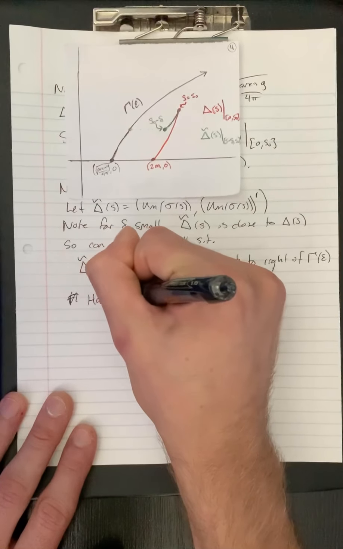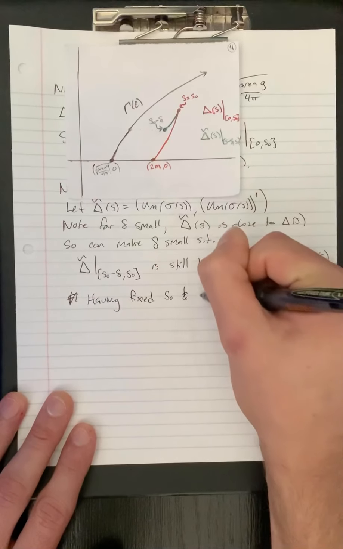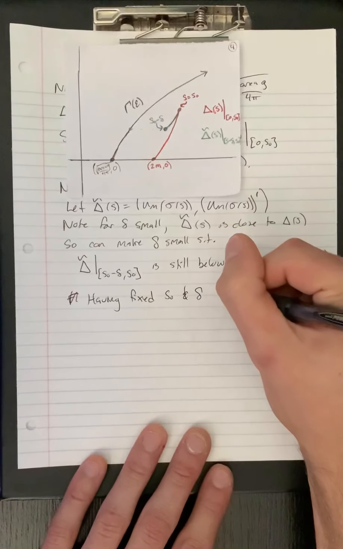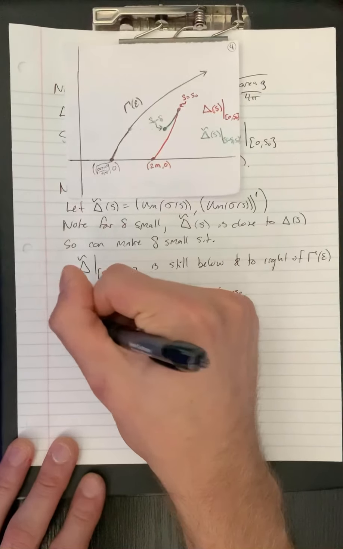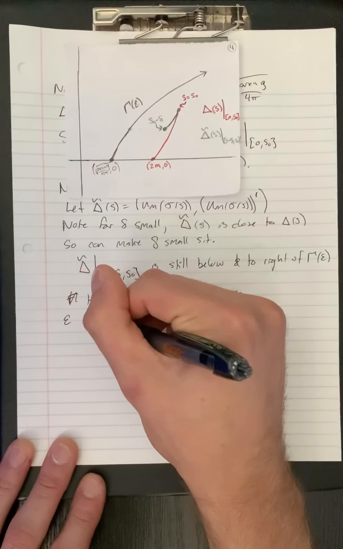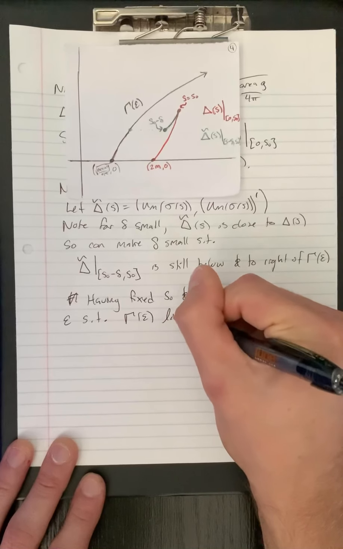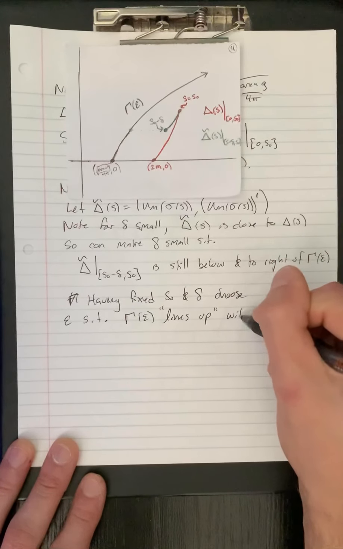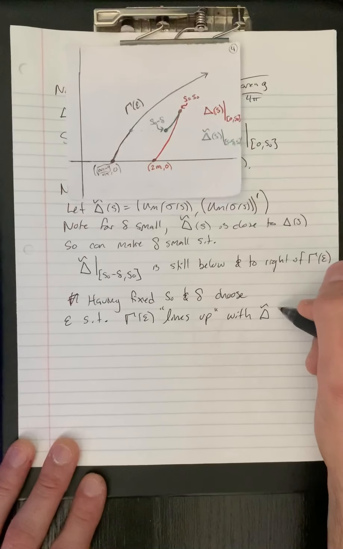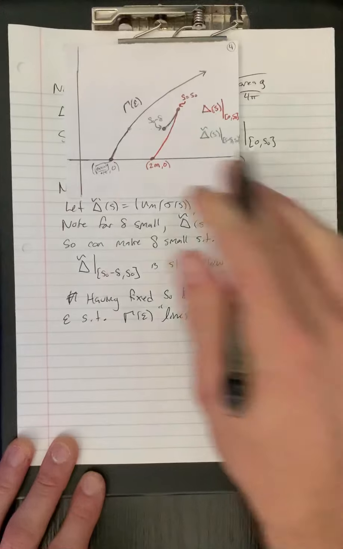Having fixed S0 and delta, choose epsilon such that gamma of epsilon lines up, quote, with delta tilde of S0 minus delta.